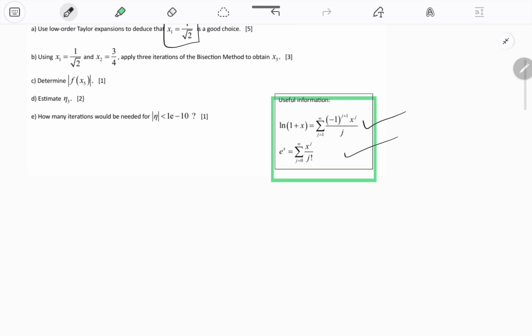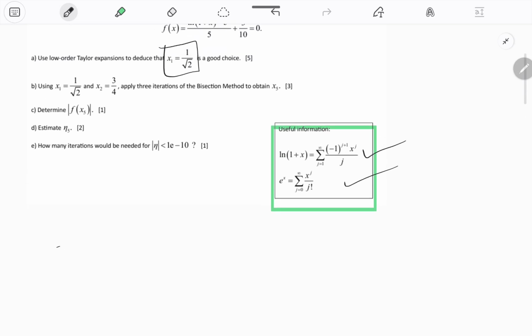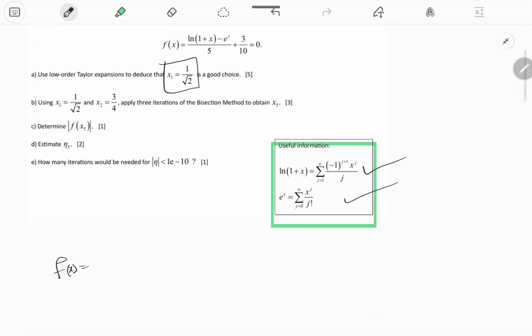Okay, let's try to solve the problem. f of x is equal to ln of (1 plus x) all over (5 minus x), plus 3 over 10, is equal to 0. Obviously we can't solve this for x directly.